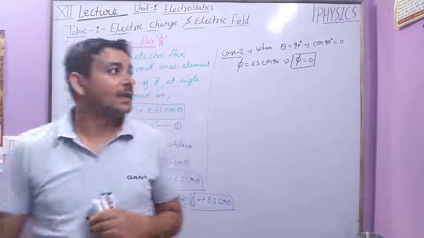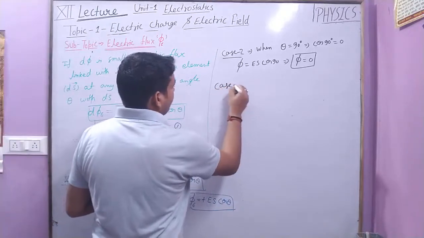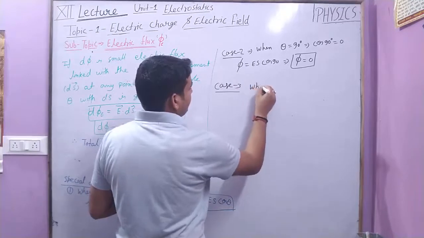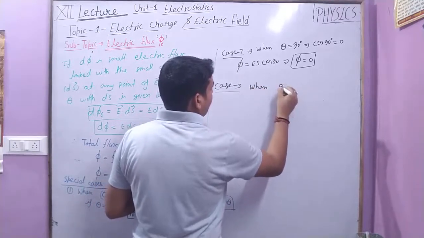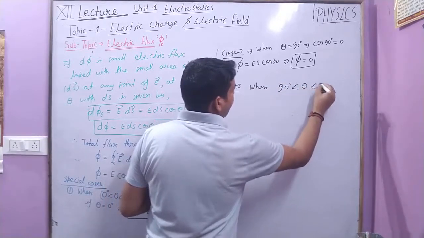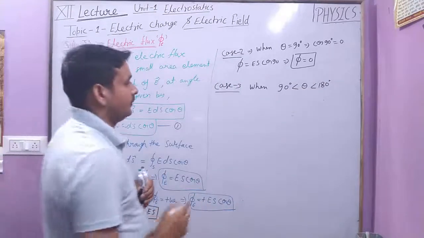Okay, and next we have the third case, case 3, when theta is greater than 90 degree but less than 180 degree. Clear?